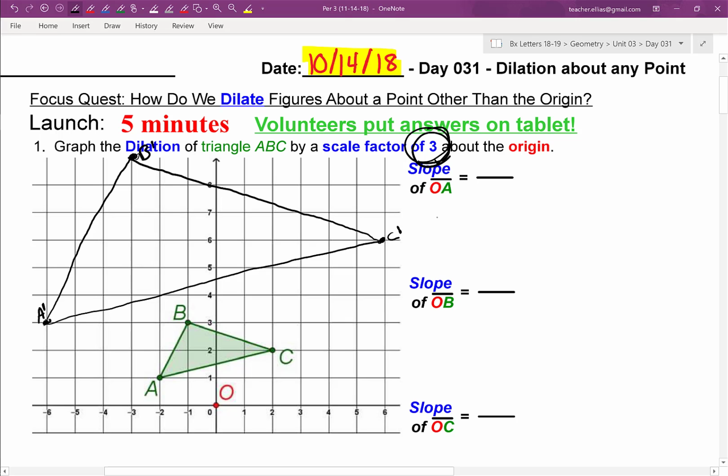Oh, and then I gotta do all these. So that would be 2 over 1, right? For this. For the slope, 2 over 1. Because 1, 2. Or 1 over 2. Yeah, 1 over 2. 1 over negative.